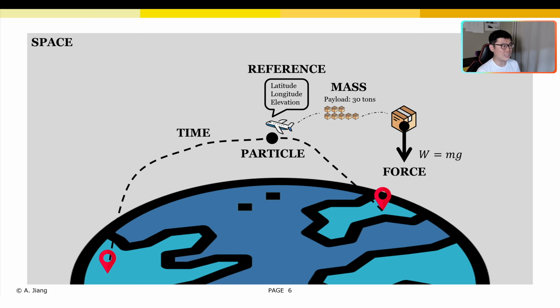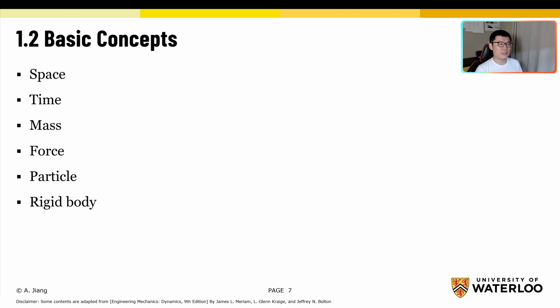So it can be treated as a particle while we are interested in its overall flight path. Also, when we are looking at the overall flight route, the plane can be treated as a rigid body which has no changes in its shape. So here's a summary of those keywords we just talked about.